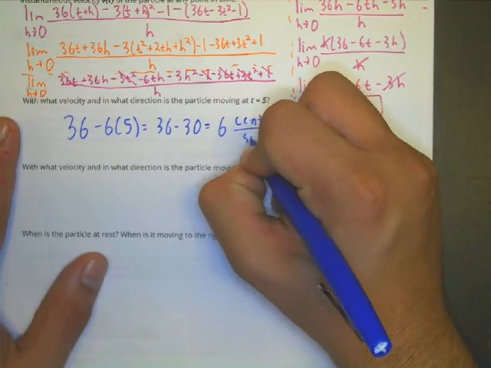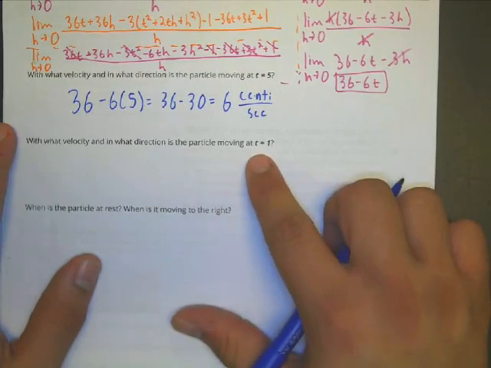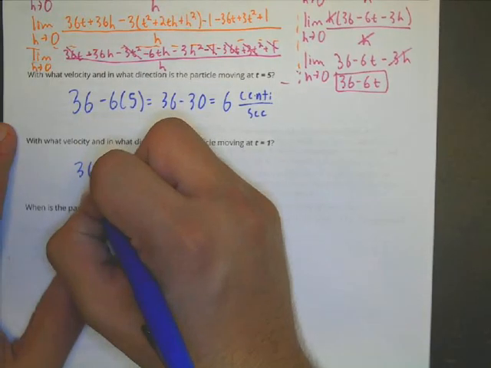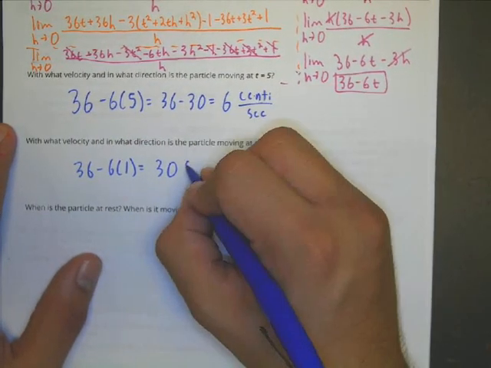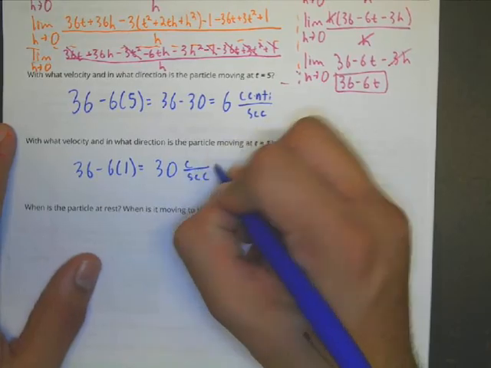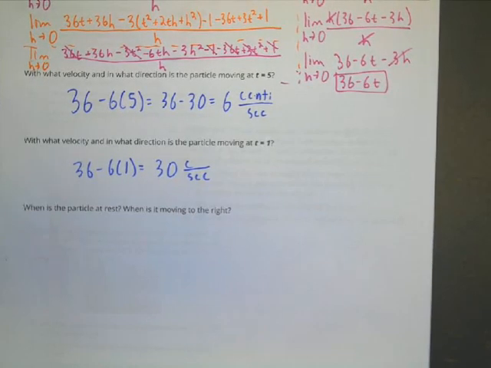What about at 1 second? 36 minus 6 times 1, which is 30 centimeters per second, right? So what is this particle doing? If at 1 second it was going 30 centimeters per second, at 6 seconds it's going 6. It's slowing down over time, right?